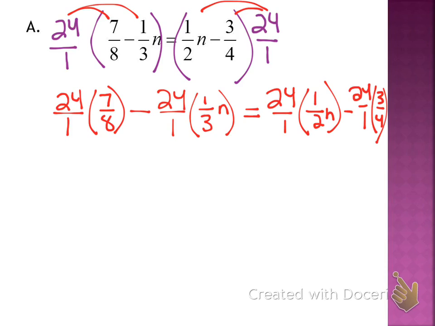Now, the whole point is that this should get rid of all of the denominators for me. If it doesn't, you picked the wrong common denominator. So, in that first term, 8 goes into 24, right? The 8 becomes a 1, the 24 becomes a 3. And then that whole term is now 21.